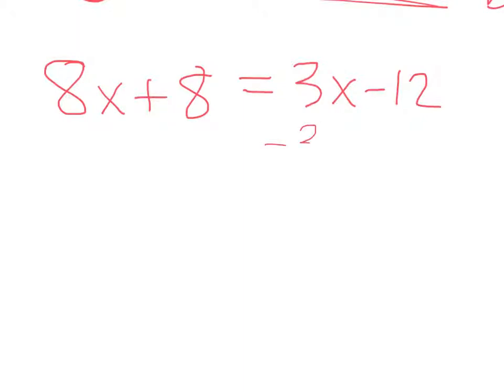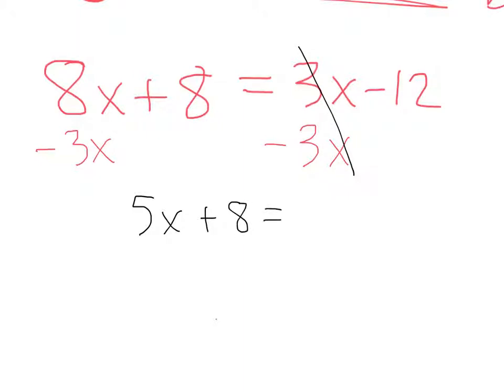Okay, so that means we need to subtract 3x on both sides, and those x's cancel out, so we have 5x plus 8 equals negative 12. Okay, so that gives us our first step, and we're down to a two-step equation.